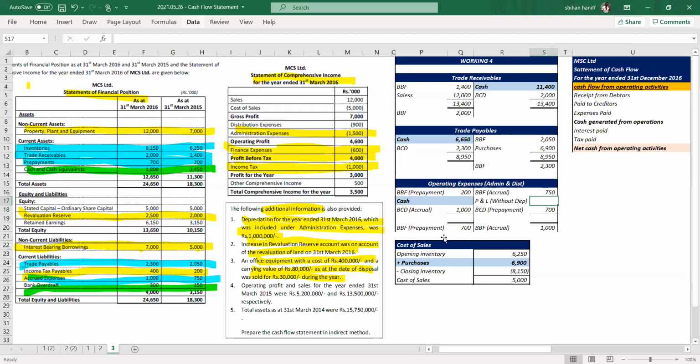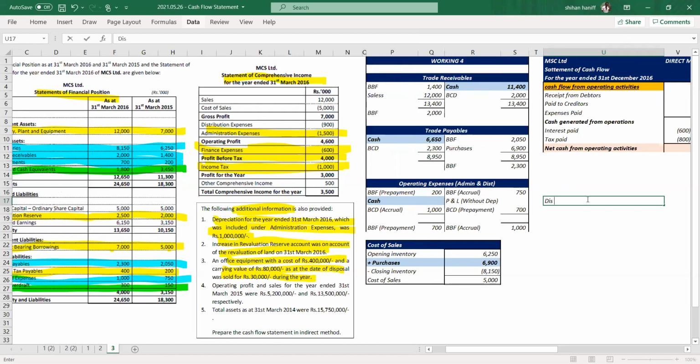Then the profit and loss. Administration expense is distribution of 900, admin of 1,500. We have to deduct the depreciation. Depreciation is 1,000.